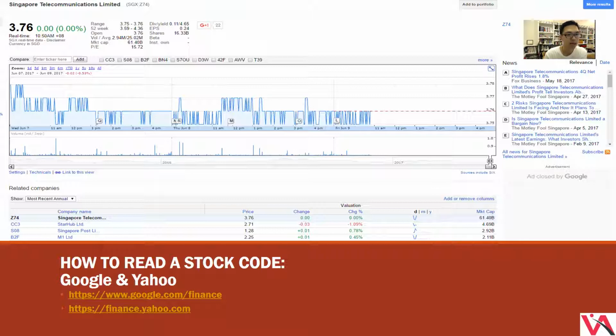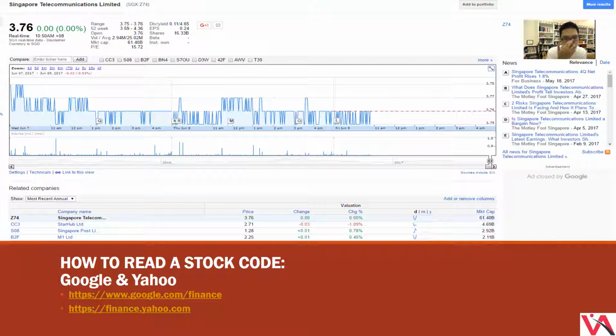So Singtel has a share base of 16.33 billion, and each of these shares is worth $3.76. And if you multiply these two figures together, you'll get the market cap of 61.4 billion. That's how these three figures relate to each other.